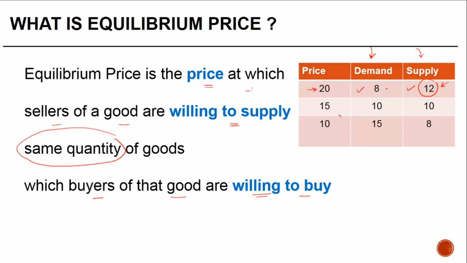If the price falls from 20 to 15, what we notice is that the demand goes up. Why? Because there's a decrease in the price, the demand has increased, right?